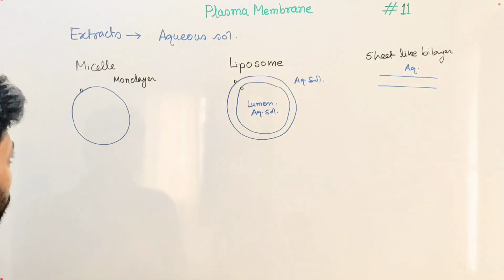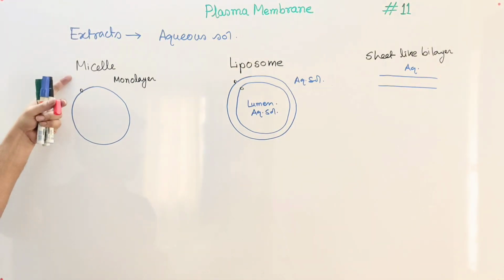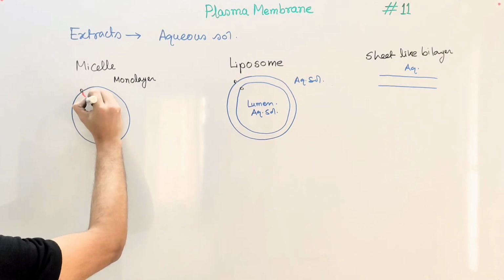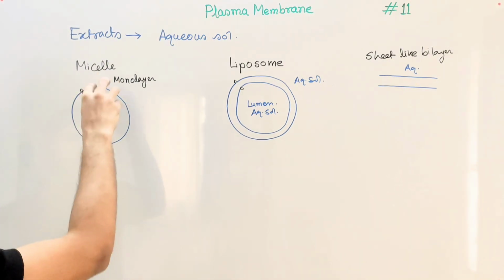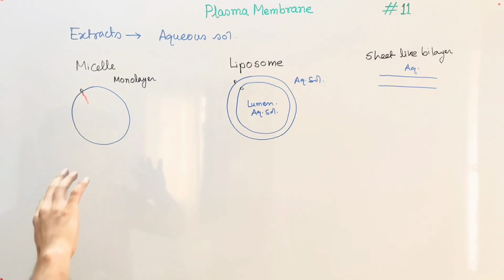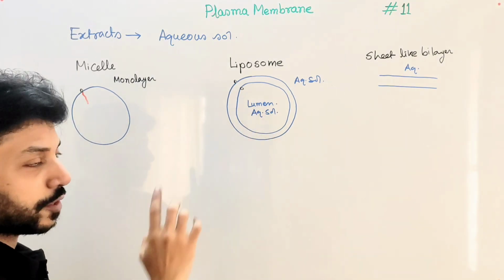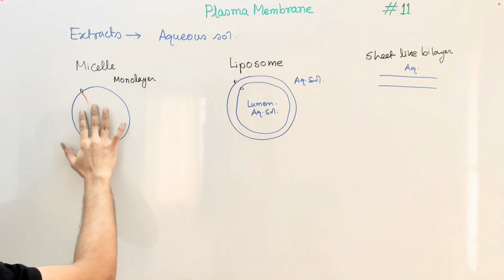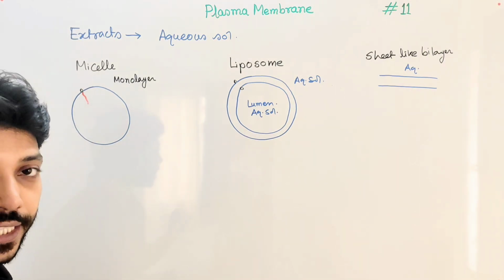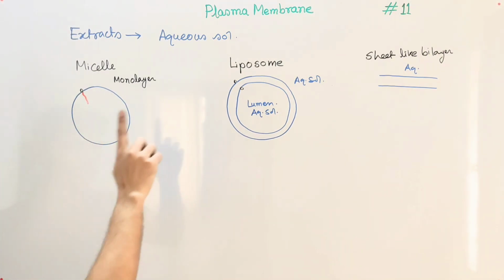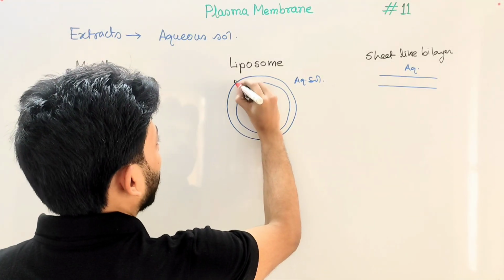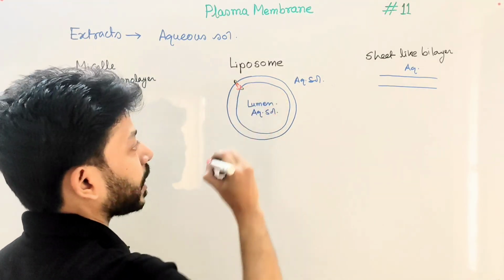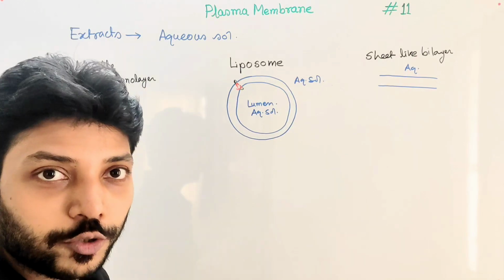Okay. Now the difference is here, in case of micelles, only one fatty acid chain can be accommodated, and the inside doesn't contain any aqueous solution because the inside contains only fatty acid chains, with one fatty acid chain. In case of liposomes, two fatty acid chains can be accommodated because they do not face the aqueous solutions.